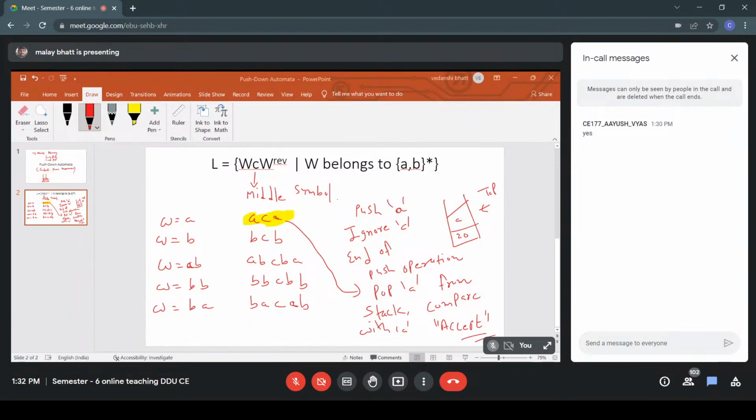I hope you are getting this, right? That is how we can work in this pushdown automata. We have a push operation, a pop operation, and an ignore operation.